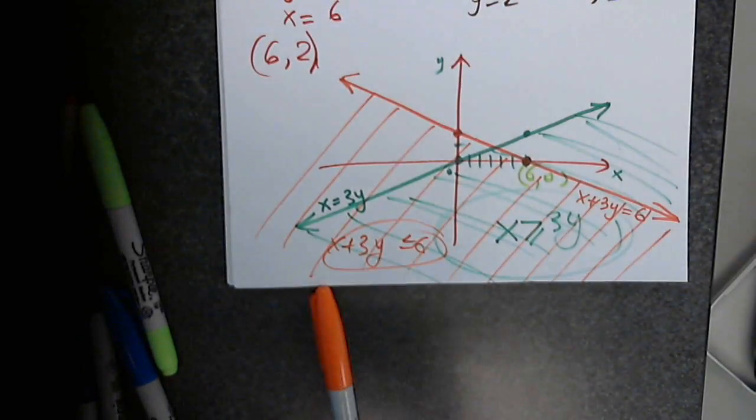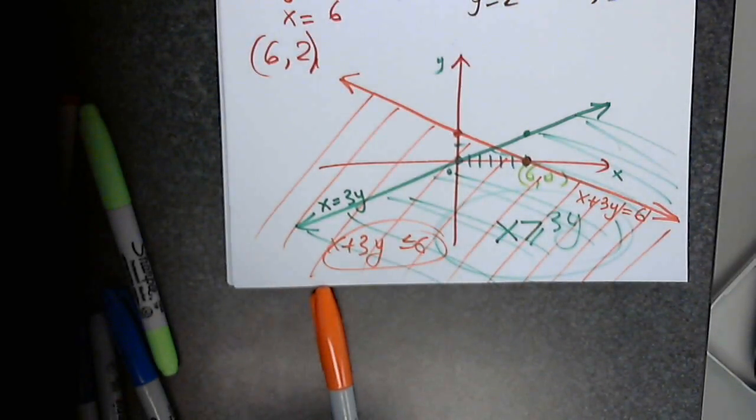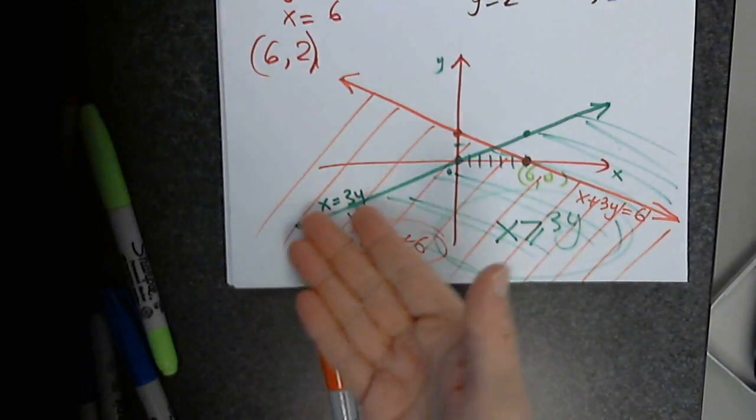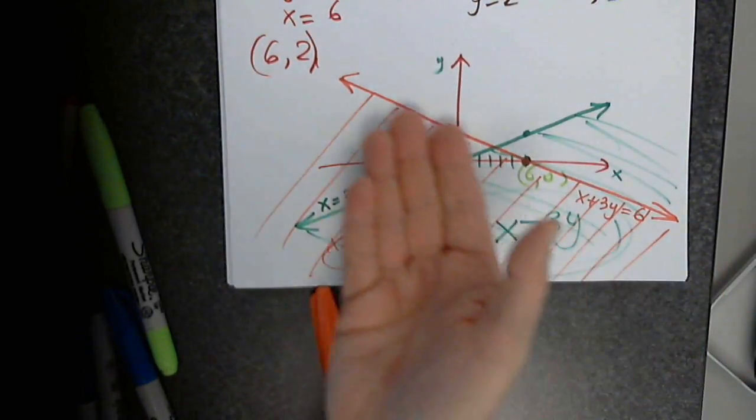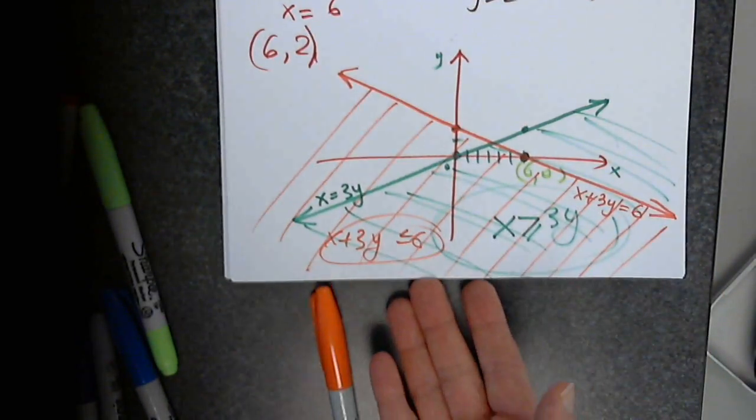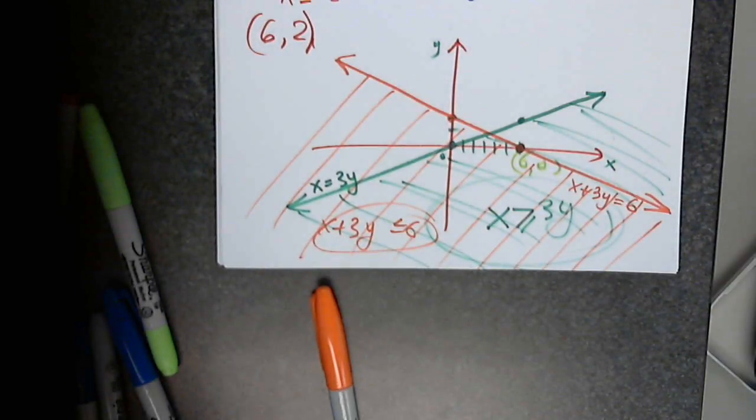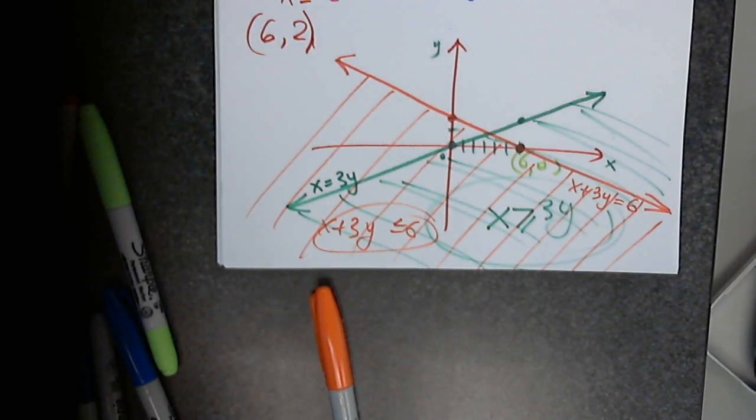So what do you think I'm going to do now? One has the green territory, the other one has the orange territory. What will I do with these two regions? Intersect. Do they overlap? Do they intersect? Yes.